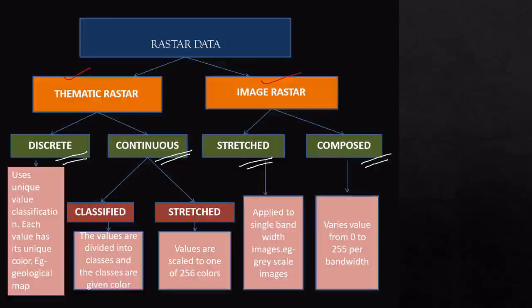Now continuous data can be of two types, that is classified data or stretched data. Classified data means the values are divided into classes and the classes are given in color. Stretched data, values are scaled to one of 256 colors.